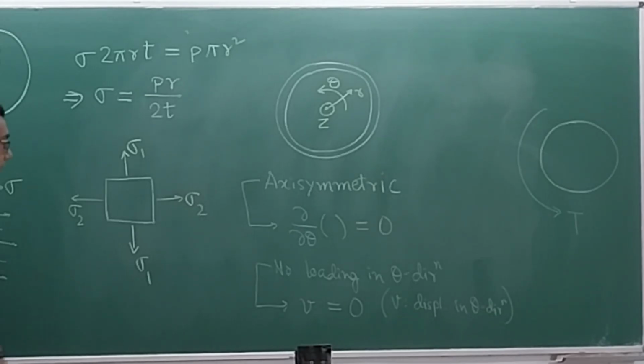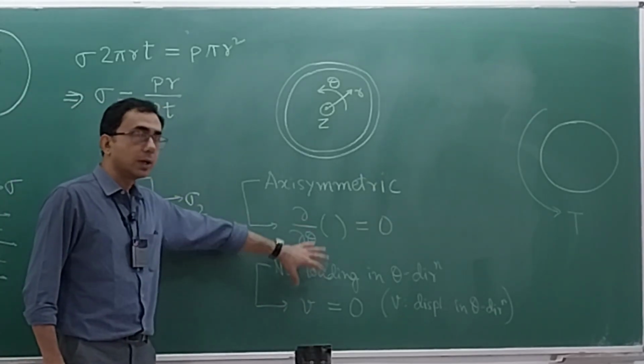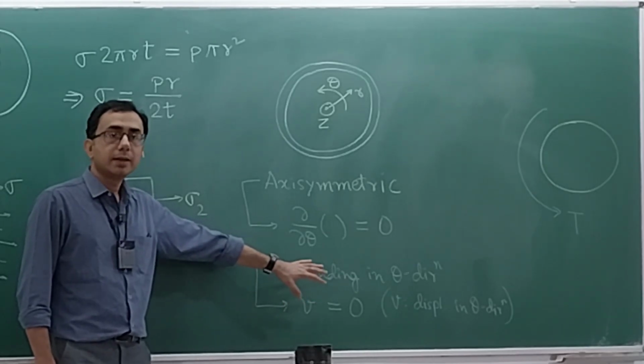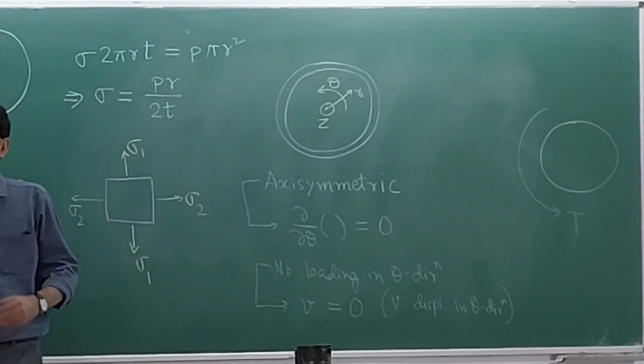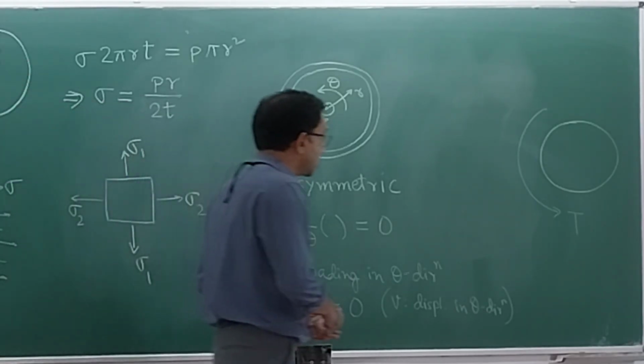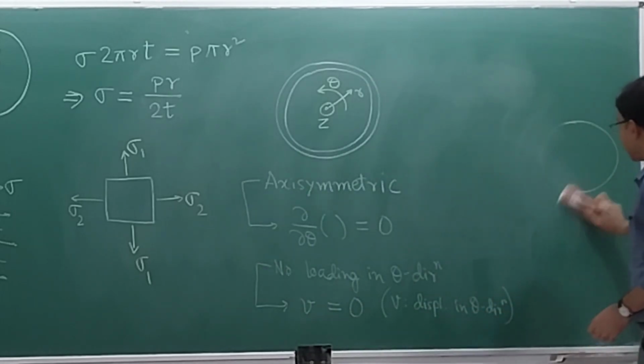Okay. As a result of these two conditions, if you write out the different strain components in the r theta z system, then you are going to get epsilon r theta equal to 0 and epsilon z theta equal to 0.